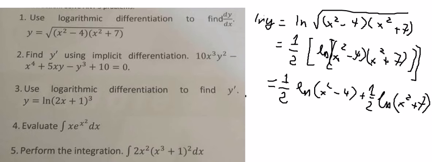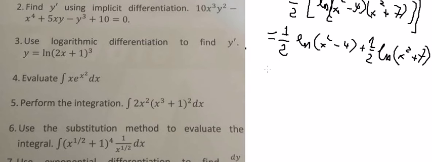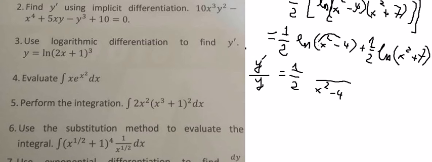So we take the first derivative on both sides, and you will get the first derivative of y over y. On the right, you get s squared minus 4. We take the first derivative of this one, and you get 2s. Similar for the next one.